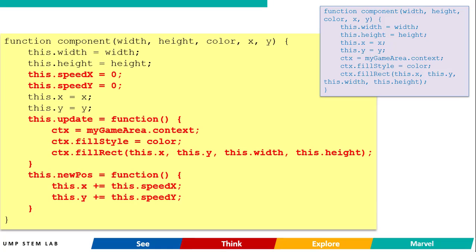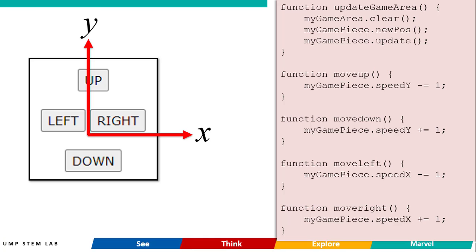The new pos function is called from the update game area function before drawing the component. An illustration of the movements with respect to the X and Y axis is as shown here.